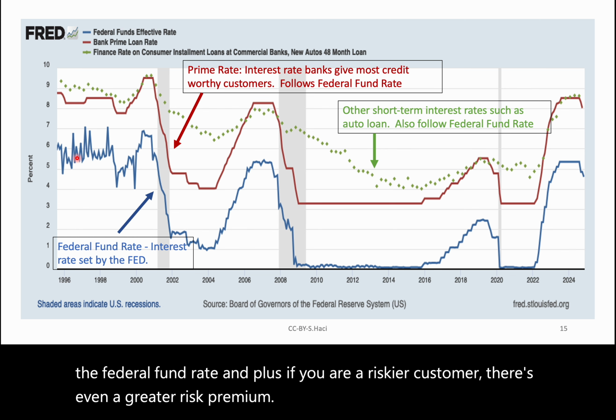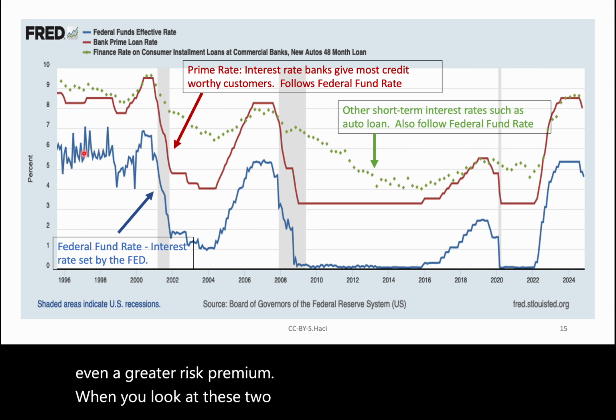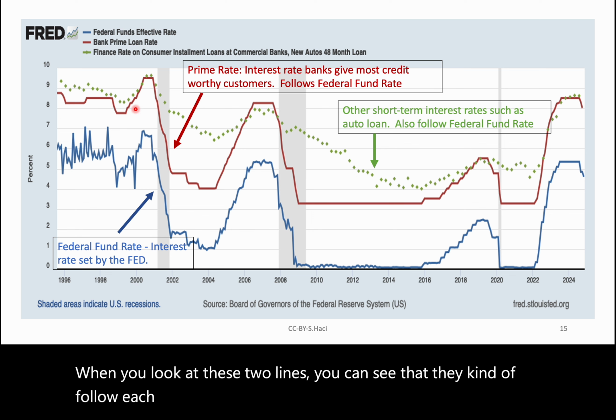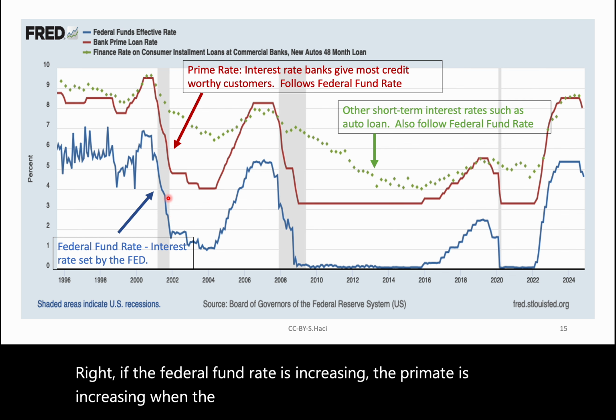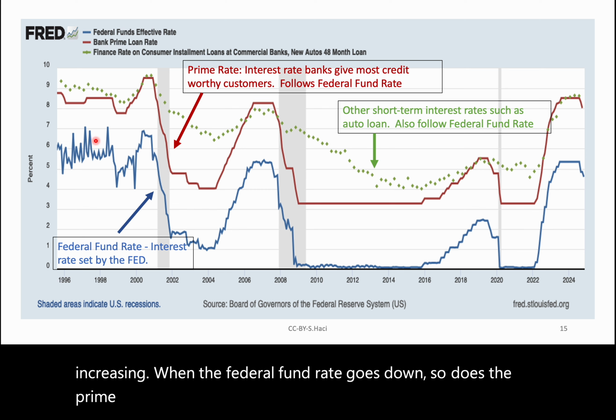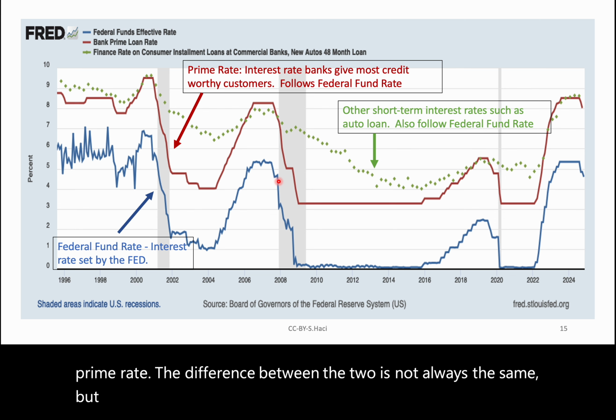When you look at these two lines, you can see that they kind of follow each other, right? If the federal fund rate is increasing, the prime rate is increasing. When the federal fund rate goes down, so does the prime rate. The difference between the two is not always the same, but they tend to increase and decrease together.